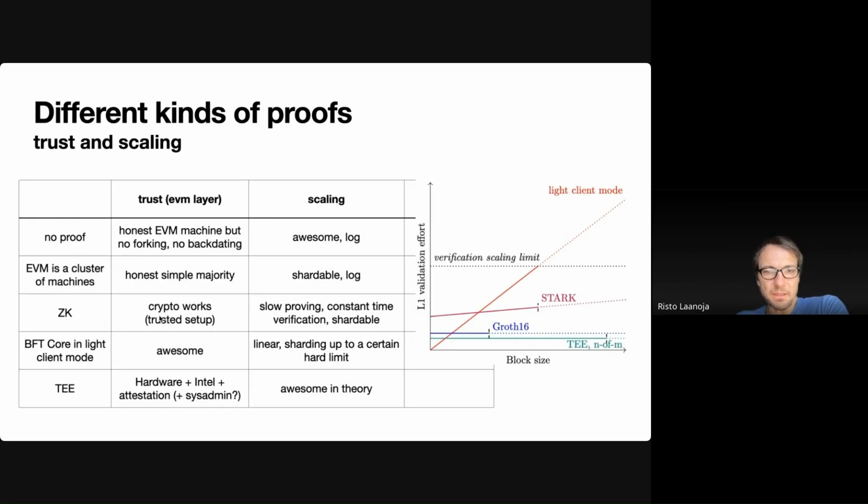Scaling-wise, proving is very slow, verification is constant time, and we can have as many ZK EVM shards as we want. So it scales well on the validation side, but it scales hardly on the proving side or client side.